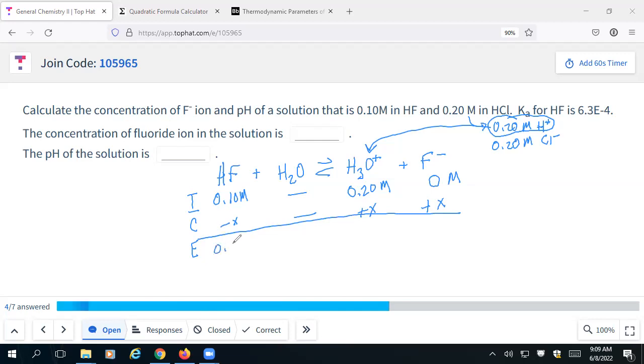So at equilibrium, we would be 0.1 minus X for hydrogen fluoride, 0.2 plus X for the hydronium and X for the fluoride.